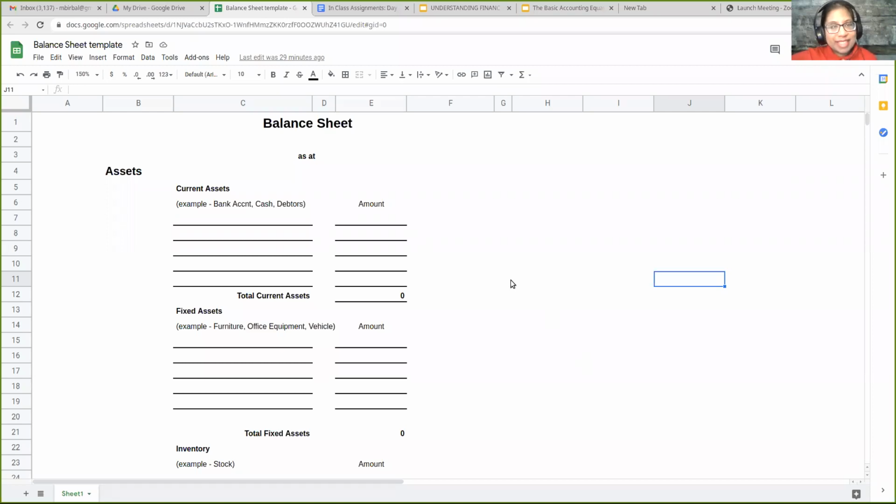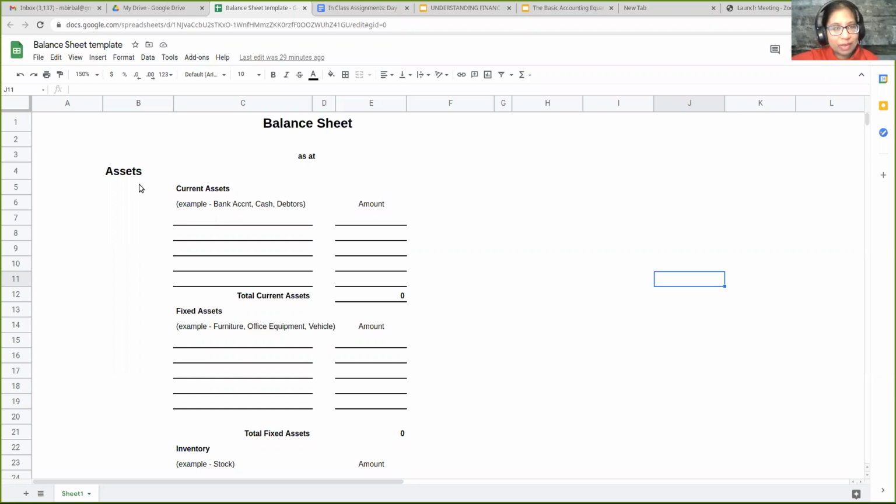Okay, so let me switch over to the balance sheet template so you can see and follow along as I go. All right, so again, the balance sheet template is an extension of the basic accounting equation. And basically, this is what the template looks like.